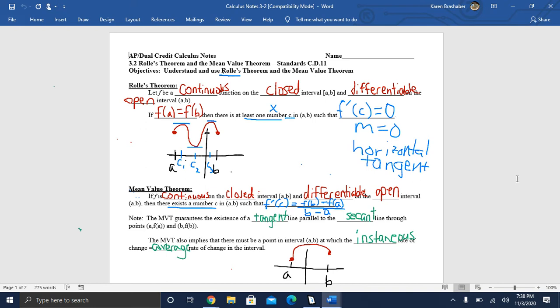So what's happening here is that the slope of the line that would connect points A and B is determined by f of b minus f of a over b minus a, the slope of that line.